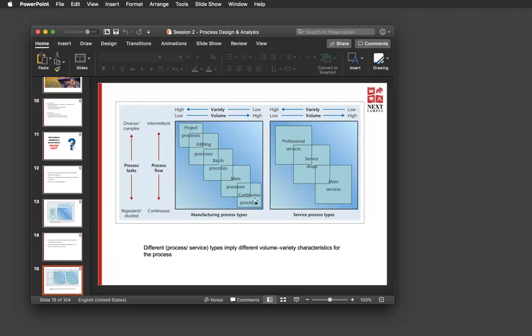For example, a continuous process would be crude oil extraction. What it extracts is one particular product, crude oil. Varieties, simply non-existent. But the volume is very high, right? It extracts barrels, gallons, sometimes millions of gallons of crude oil.